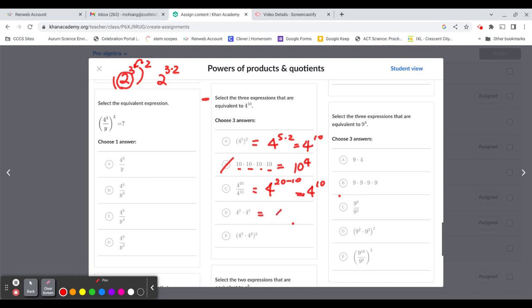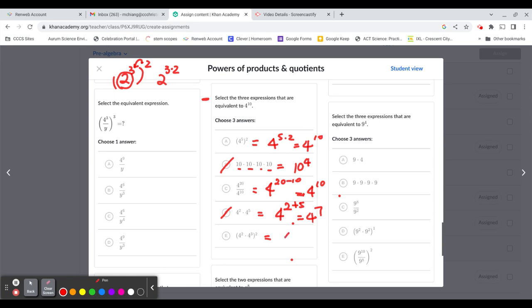Next one, you have the same base. However, when you multiply them, you add the powers up. So 2 plus 5 is 4 to the power 7. So D is wrong. The last one, what you can do is the parentheses first. 4 to the power 2 times 4 to the power 3.